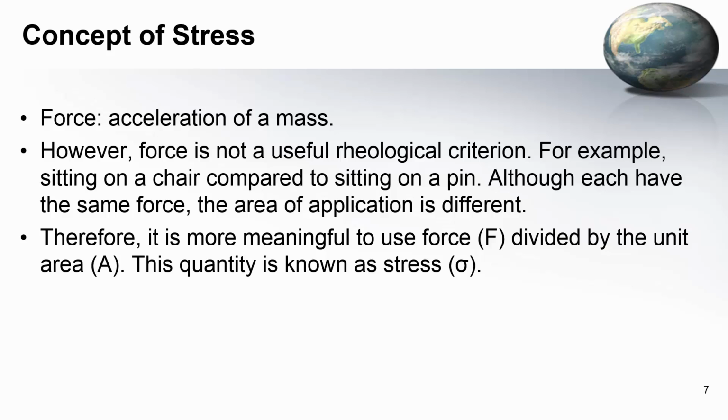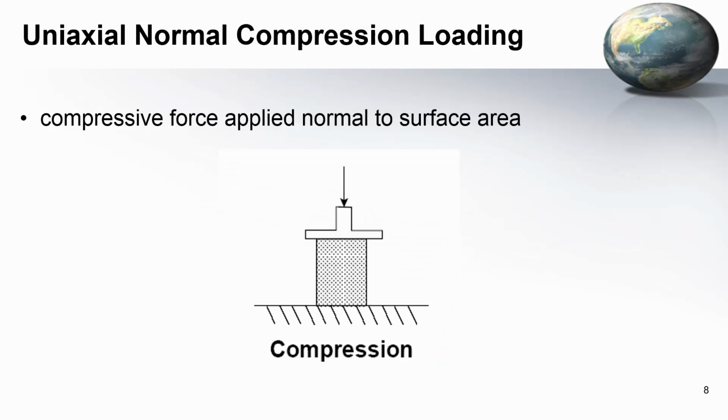To begin with, we need to understand what stress is. Stress is given by force per unit area. The force itself is not a very useful criterion because it depends on how much area you apply it on. Is it a large force spread across a large area or a very tiny area? That is the stress.